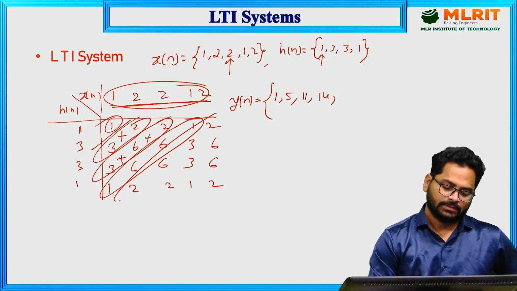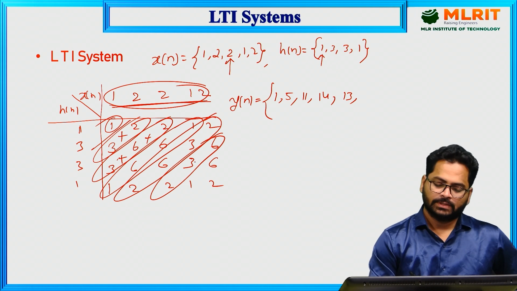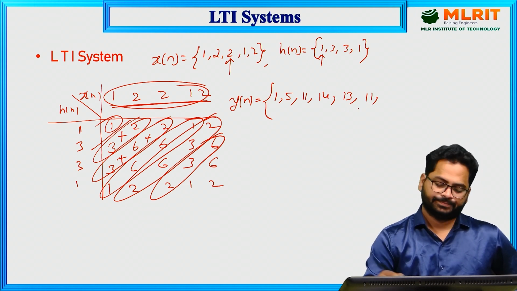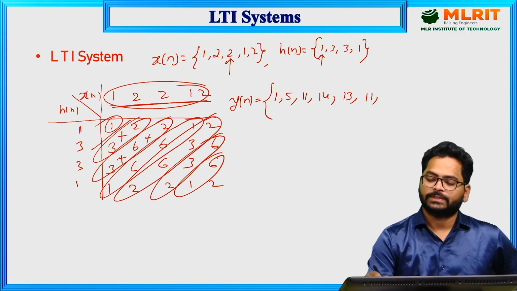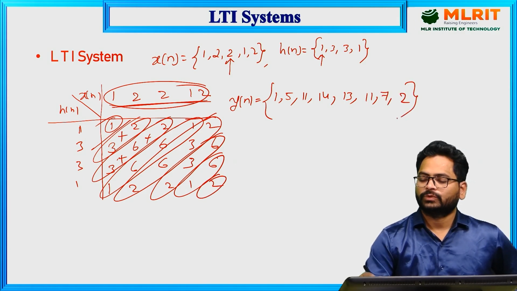Next, this is another diagonal 2 6 3 5, that means 11 13. And the next one is 6 3 9 plus 2, 11. This one is 1 plus 6, it is 7, and the last value is 2. So this is the signal.